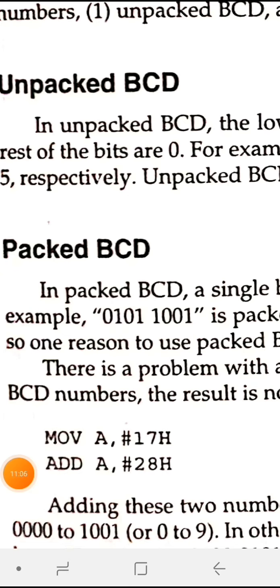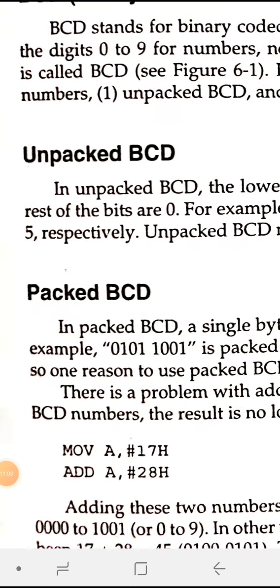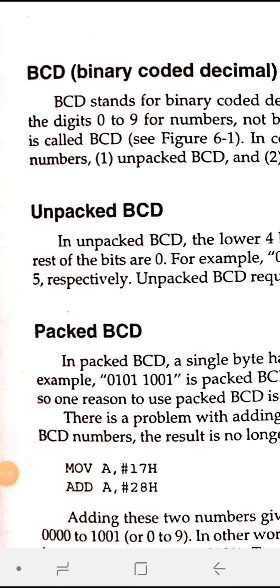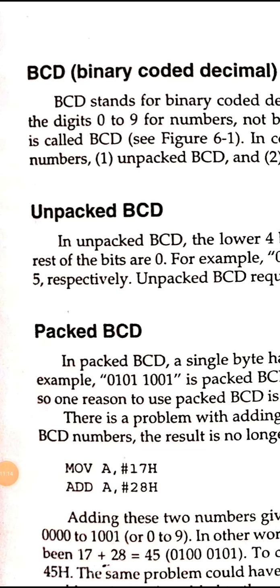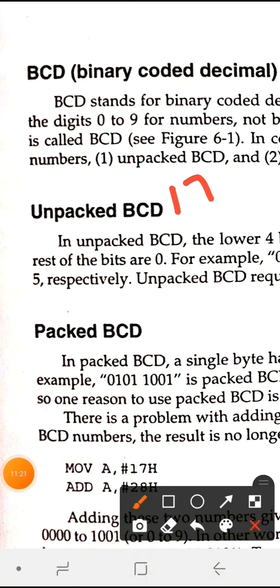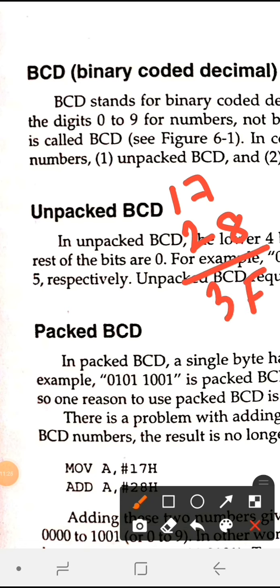Let us try to perform the addition on these BCD numbers. For example, take MOV A, #17H and add the content of A with 28. If you perform 17 plus 28, what will be the result? It will be 3F. We said that when we are dealing with BCD, the number representation should be only between 0 and 9. When you look at this low order nibble, it is greater than 9.